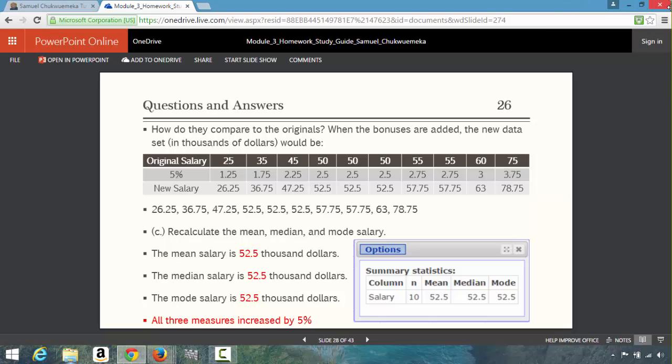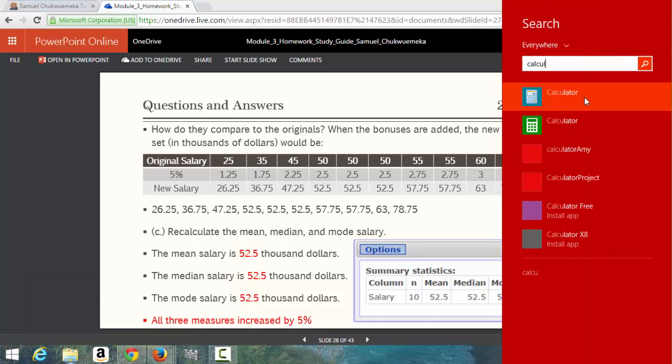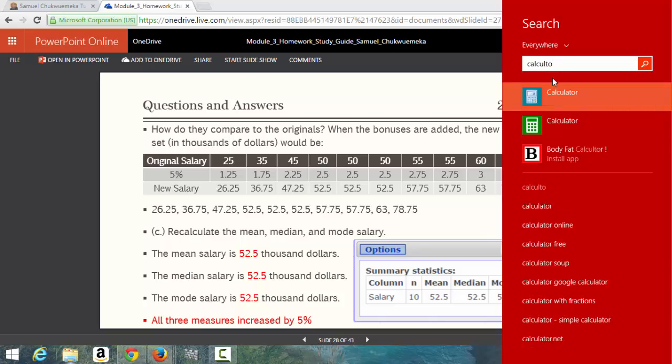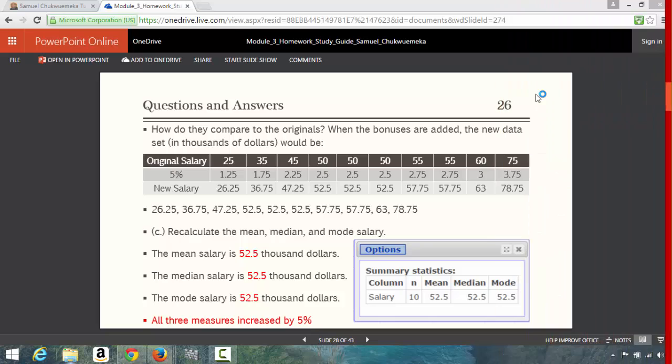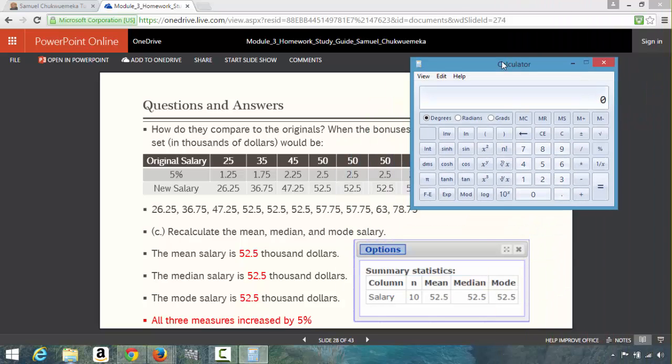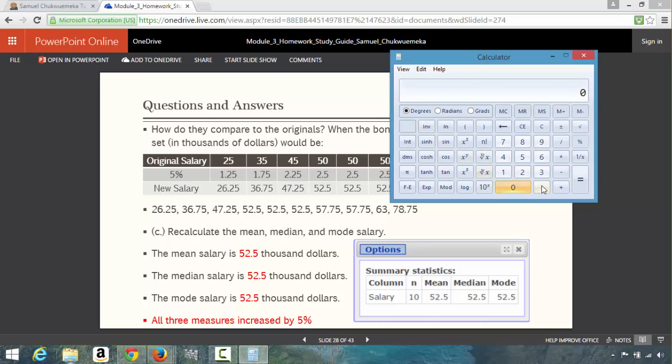Let me show you something here, on the calculator. So 5% is 0.05, and 0.05 times 25 gives you 1.25.